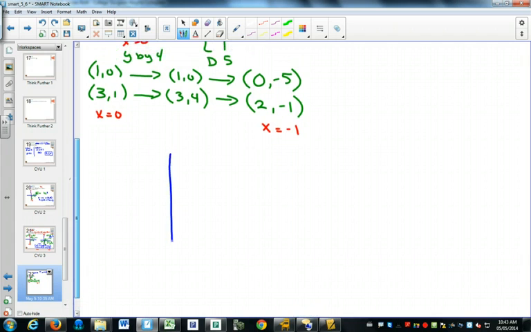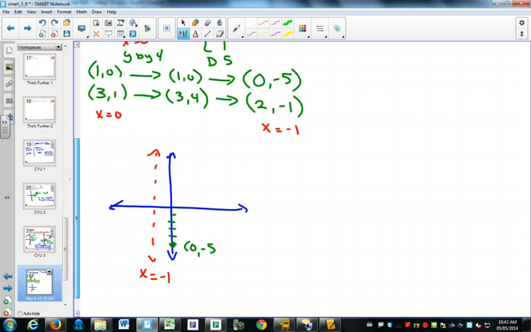So now x equals -1, you'll have the point 0, -5. And 2, -1. And you have the general shape of the log graph again.